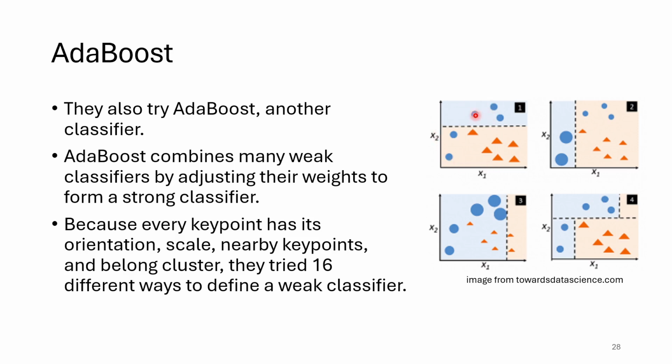So they find the first simple weak classifier: we use x2 as a threshold. If the value is greater than the threshold, then the weak classifier treats them as the blue class. Otherwise, it treats them as the triangle class.